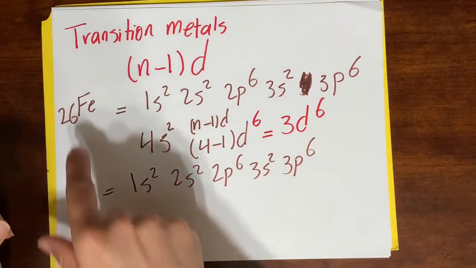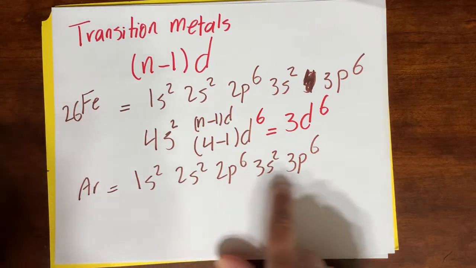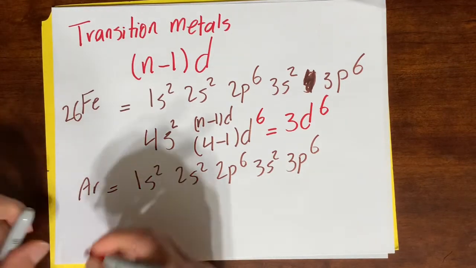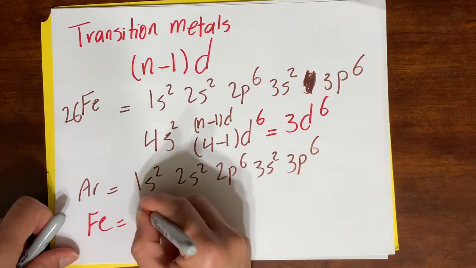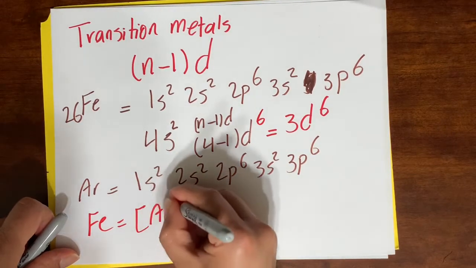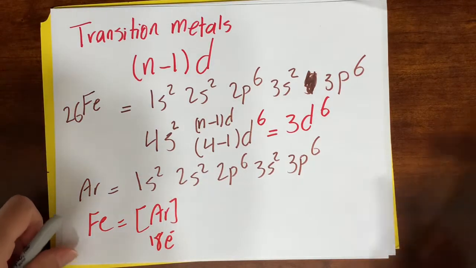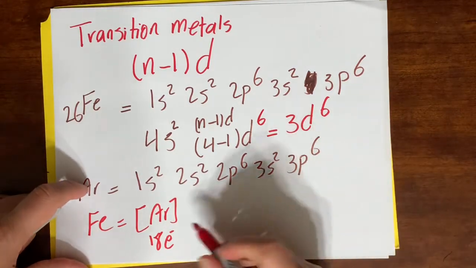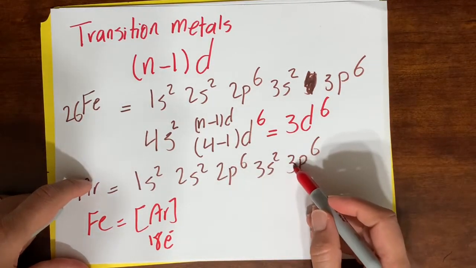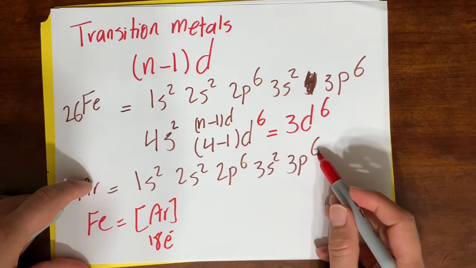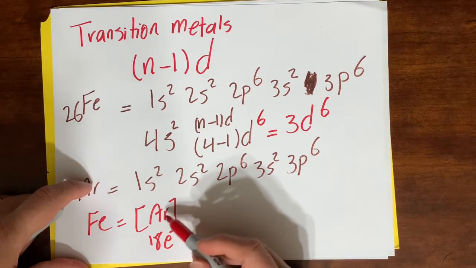The noble gas before iron is argon, and this is the electron configuration for it. So for iron, you can go with argon, which represents 18 electrons, and keep the rest. So until 3p, we're writing them as argon.